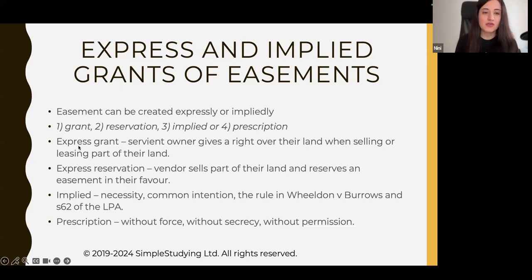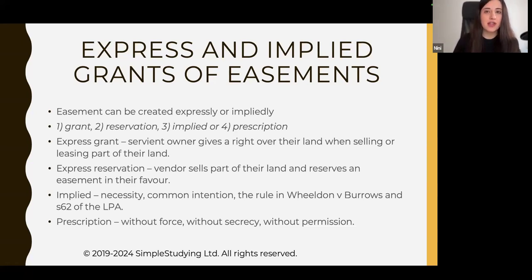What is an express grant? This is when the servient owner gives a right over their land when selling or leasing part of their land. So this is a new easement. A new easement is being created when the servient owner sells part of their land. This could happen, for example, if there is a big land and the property owner decides to divide the land in two pieces and sell the other part of the land.